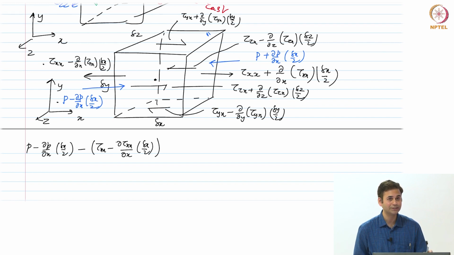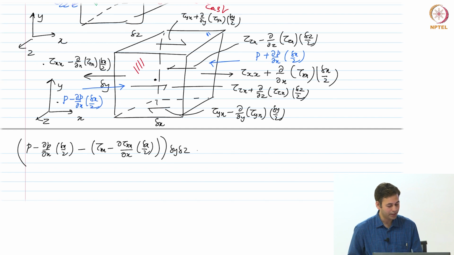This is the stress, and it has to be multiplied with the area in order to obtain the force. What would be the area on which they are acting? That is delta y times delta z. So, if I multiply this with delta y delta z, then what else do I have?